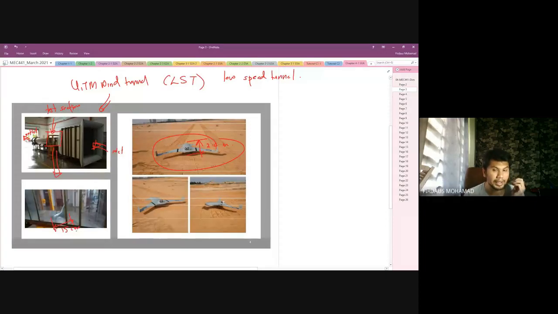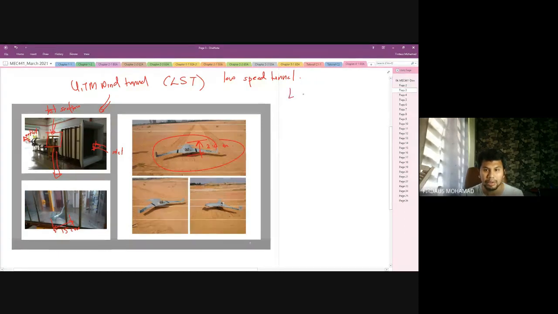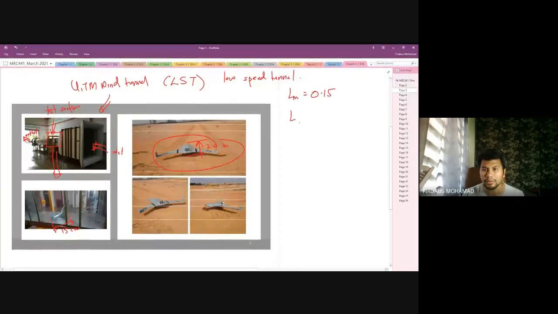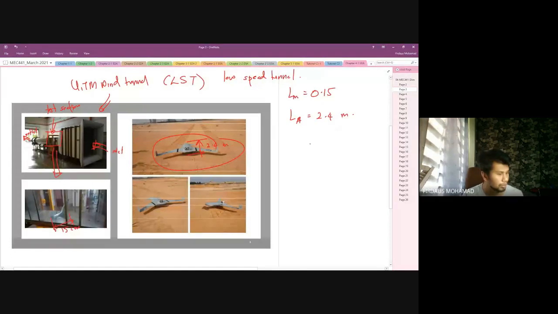Tapi untuk testing kita hanya guna 15 cm model. So maknanya kalau in terms of length ataupun dia punya chord, L model adalah 0.15, L actual 2.4 meter. Okay, so berapa scale tu?